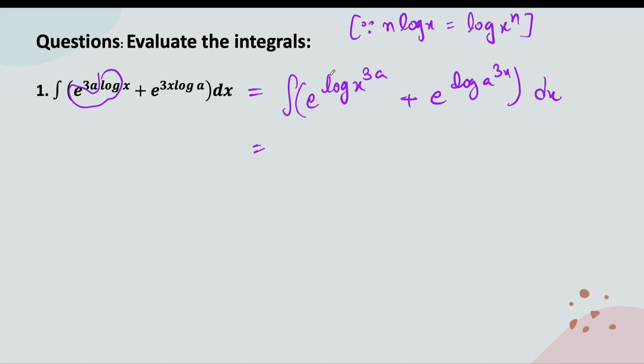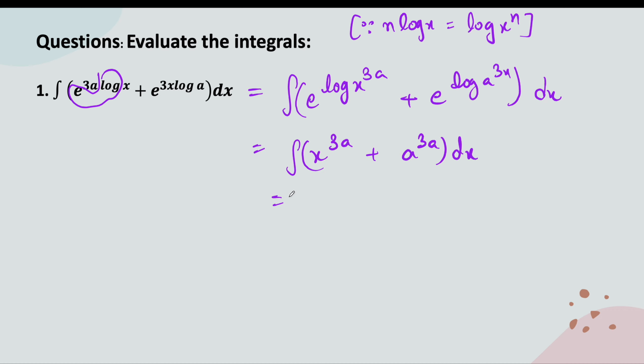Now just simplify. This would be, e to the power log x equals x only. So we are left with integral of x to the power 3a plus a to the power 3x dx. Now बहुत सिंपल है बच्चा इसको सिंप्लीफाई करना.